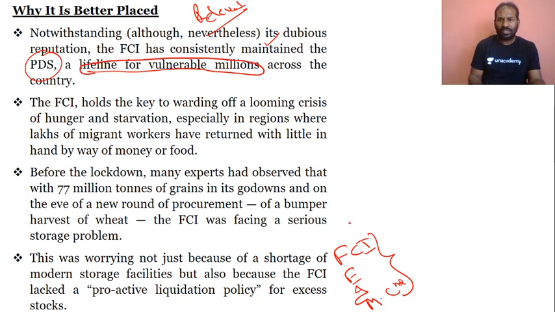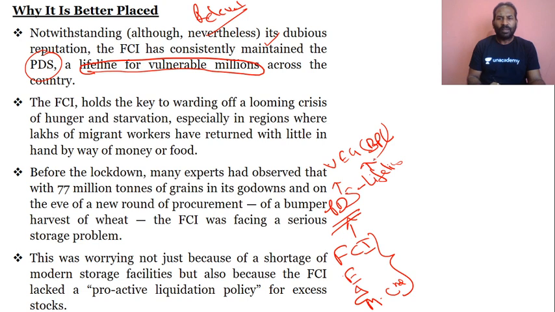That is what really shows FCI is not Food Corruption of India but the Food Corporation of India. Through the PDS system it has been reaching many vulnerable economic groups or people below the poverty line, for whom the PDS is the lifeline. That is why it still has its relevance.